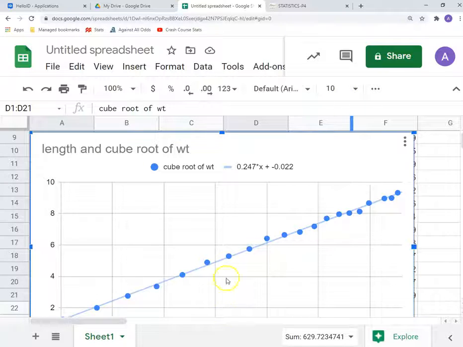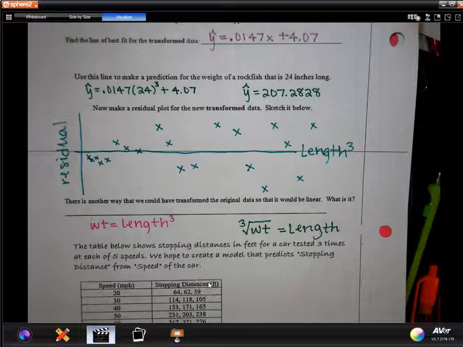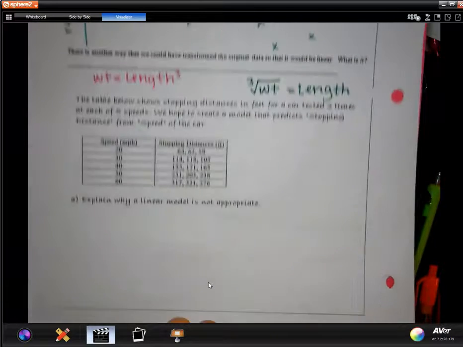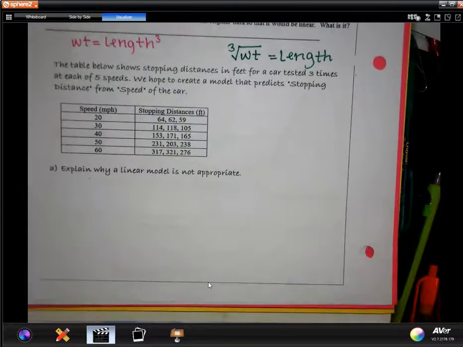So now we're going to look at a different example. I was going to have you guys try this one. You have the table that shows stopping distances in feet for a car tested 3 times at each of 5 speeds. We want to create a model that predicts stopping distance from speed of the car.